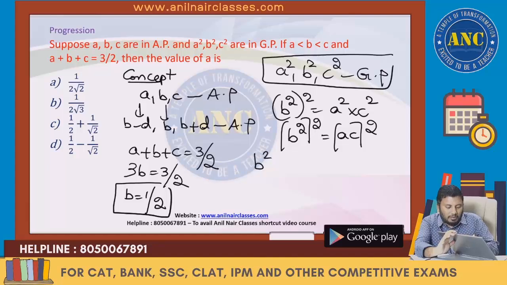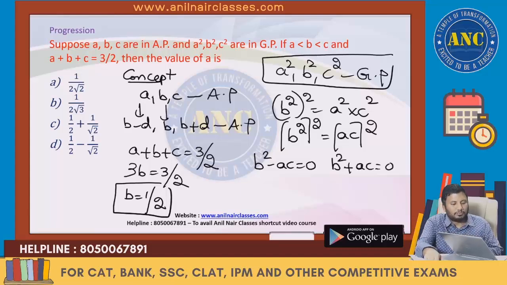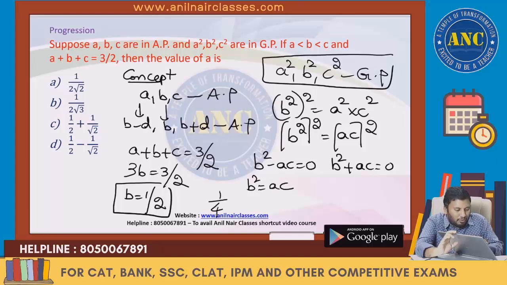So, B square minus AC equivalent to 0 or B square plus AC equivalent to 0. I hope it is clear. So, B square equivalent to AC. So, this will become 1 by 4 equivalent to B minus D into B plus D.